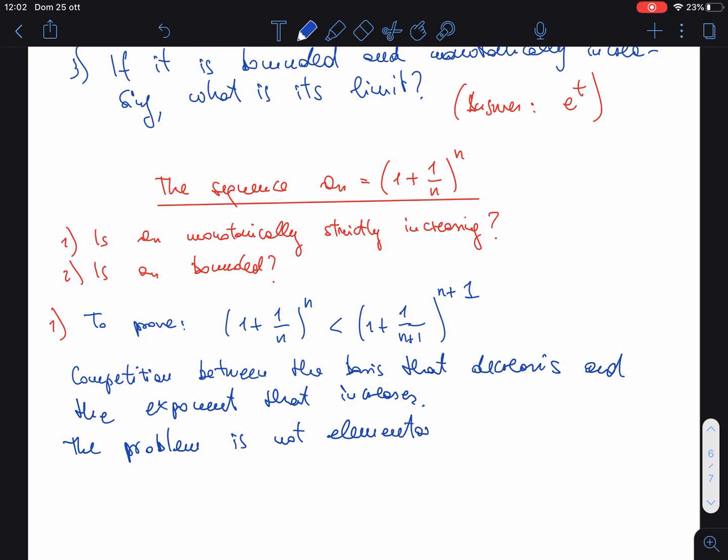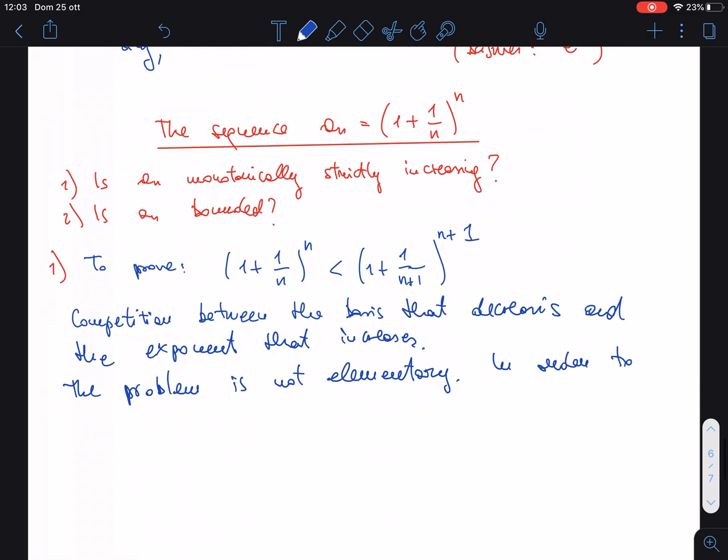So in order to solve it, we introduce the Newton's binomial. This is an important tool.